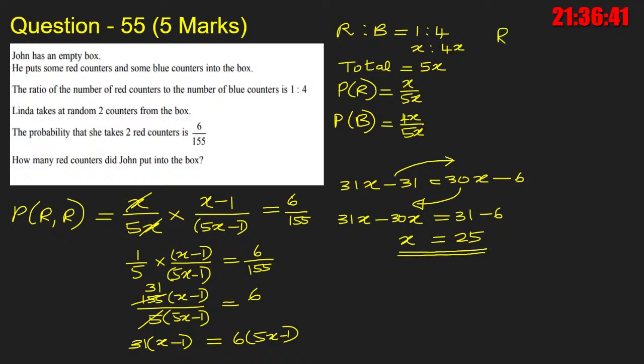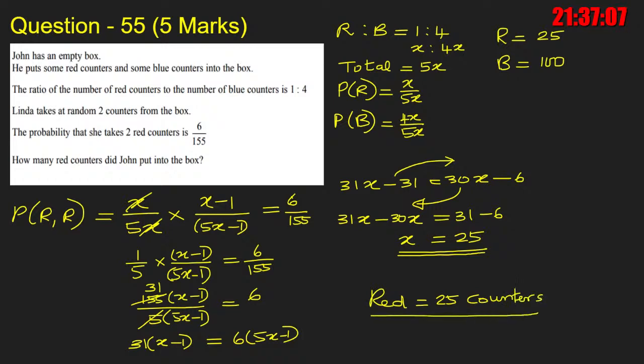So red counters is 25, and blue counters is 4 times 25, which is 100. And what is the question? How many red counters did John put into the box? So red counters is 25. We used algebra to do this question. So question number 56.